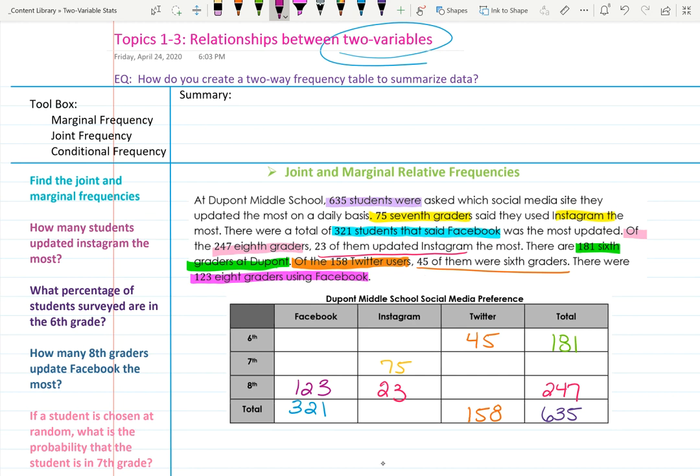So if I've got 321, 158, I'm going to go ahead and get my calculator and do some simple subtraction. So 635 minus 158 and 321 gives me 156 left over.